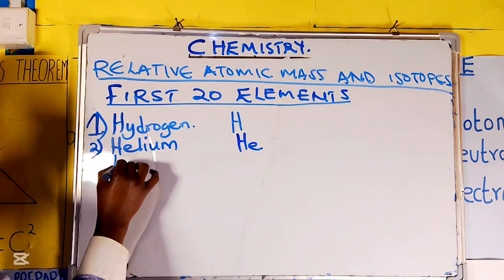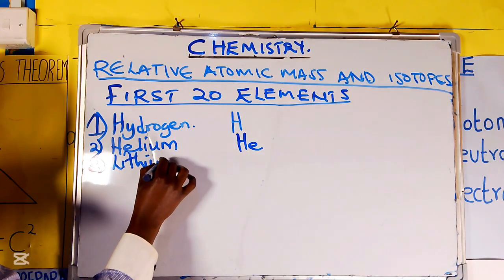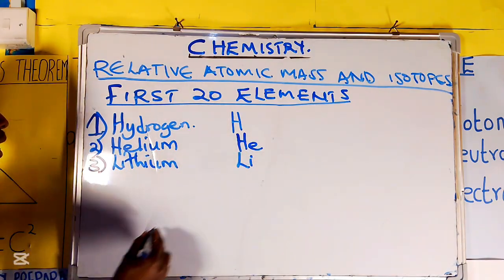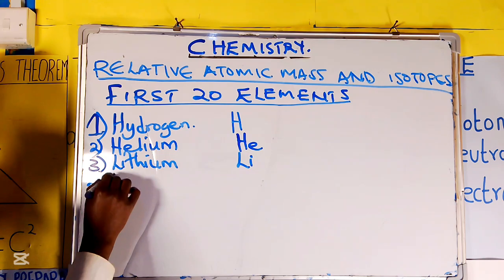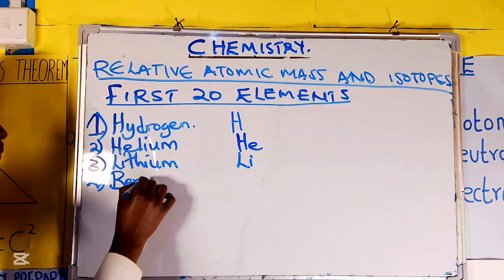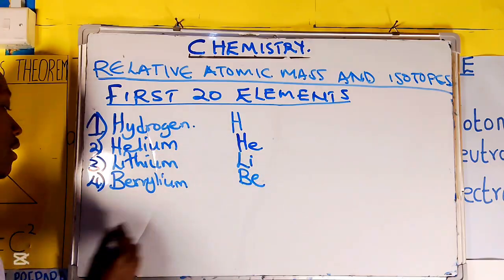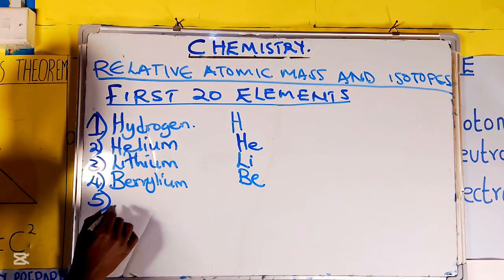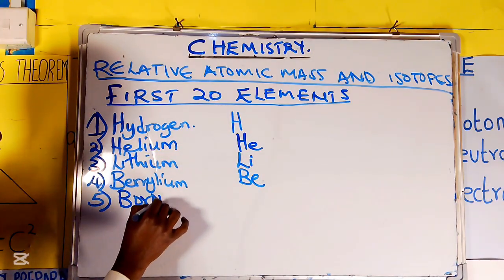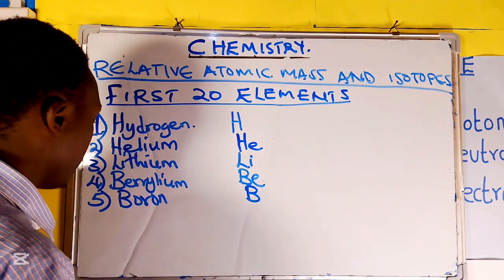Number 3 we have lithium, in which lithium's symbol is Li. Number 4 we have beryllium, in which the symbol is Be. Number 5 we have boron, which is B.